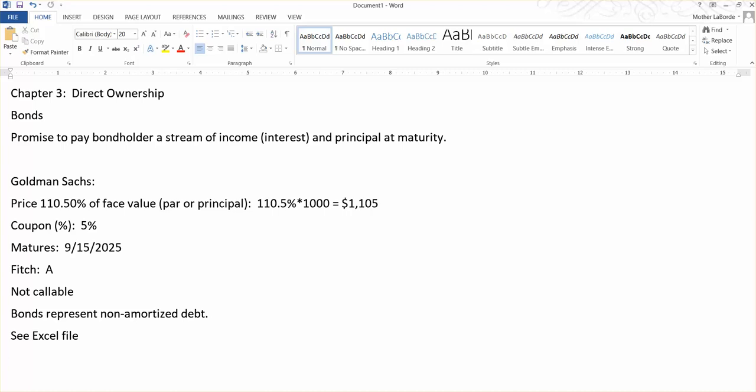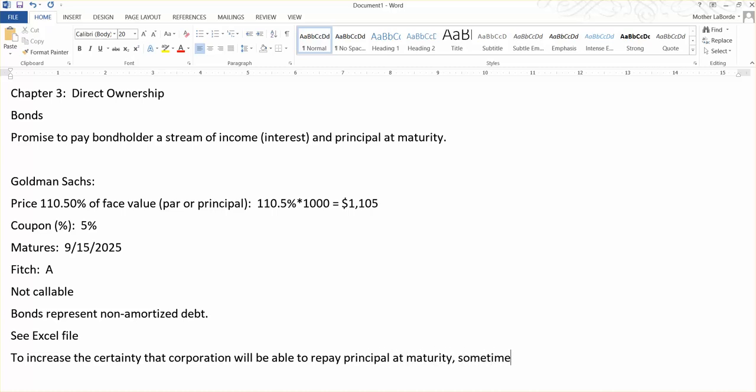But to increase the certainty that the corporation will be able to pay back that huge principal amount at maturity, sometimes corporations will have what's called sinking funds.